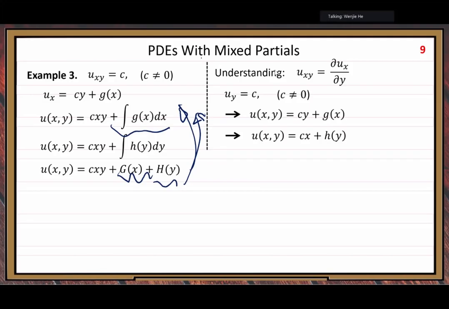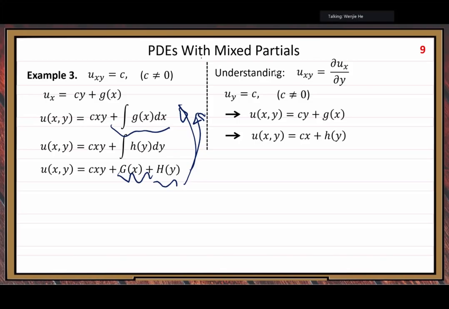Yeah, because our understanding, when we switch our mind from ordinary derivatives to partial derivatives, we need to do some special adjustment here regarding the constant. Our understanding of constant is different from our old way. Old way, constant is constant.